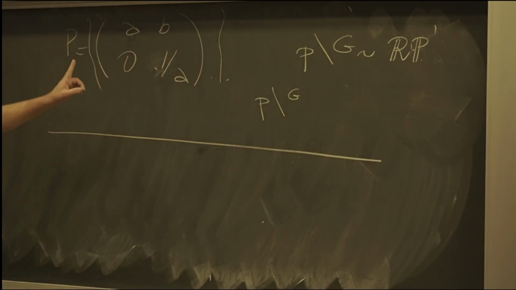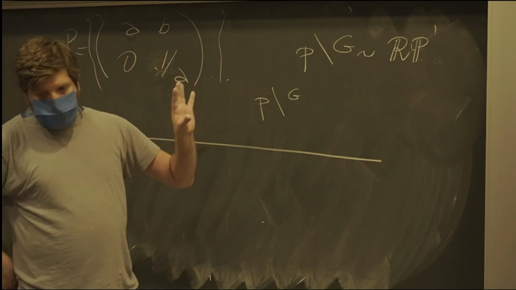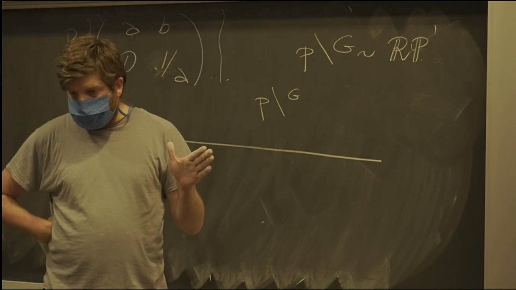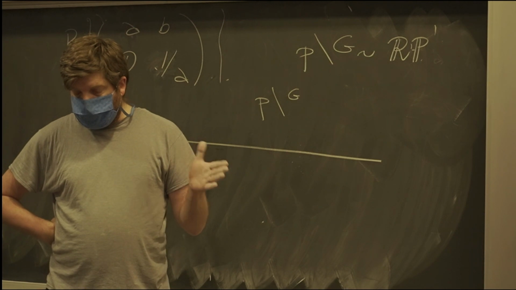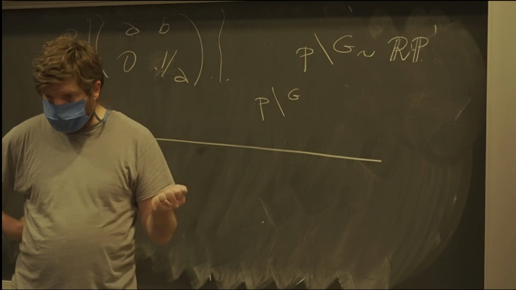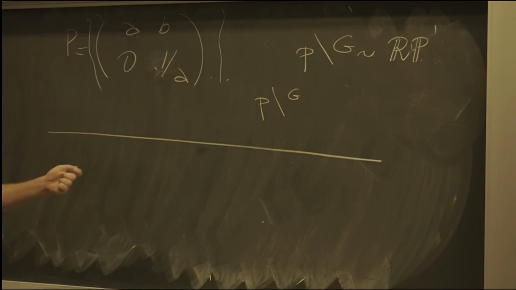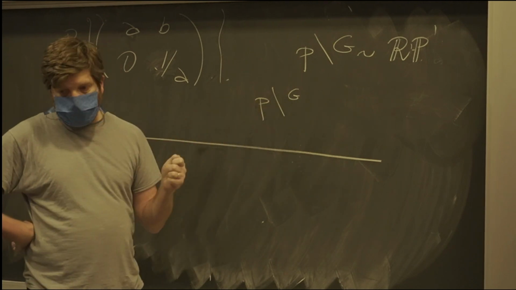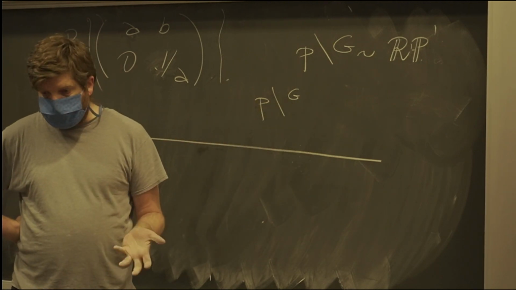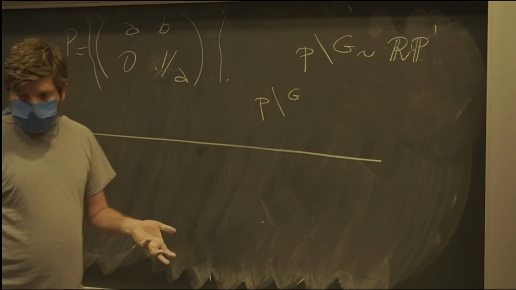So what is RP1? RP1 is lines on the plane, on R2. And I claim that each element here corresponds to a line. How does it do that?